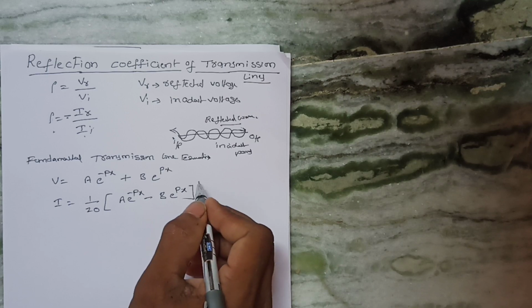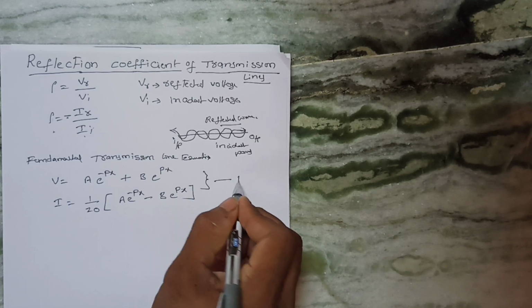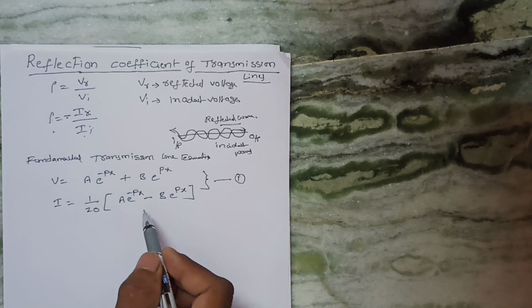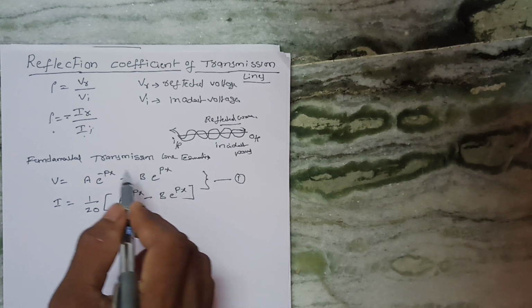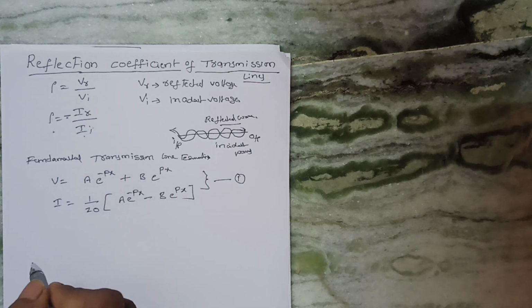These two are known as equation 1. From these two equations we can derive the reflection coefficient equation.